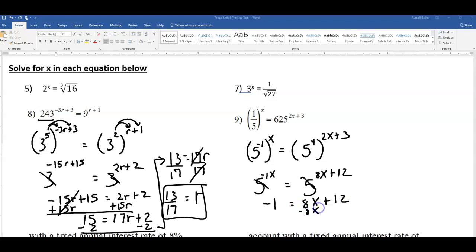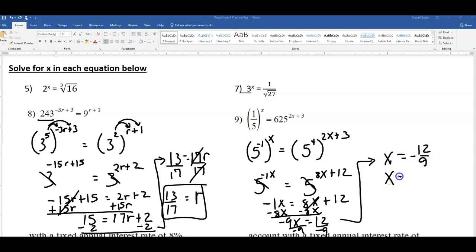Go ahead and solve for x now. Dividing both sides by negative 9, I end up with x equals negative 12 over 9, and that can be reduced to negative 4 over 3. So there's our answer for number 9.